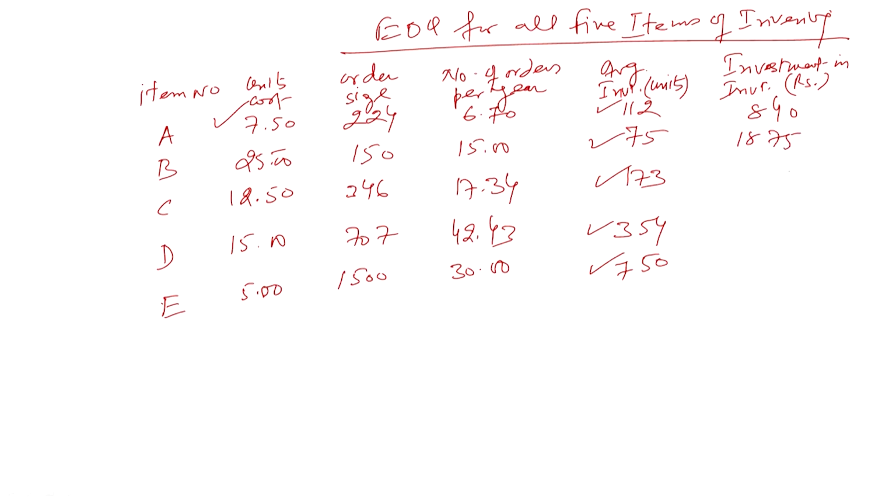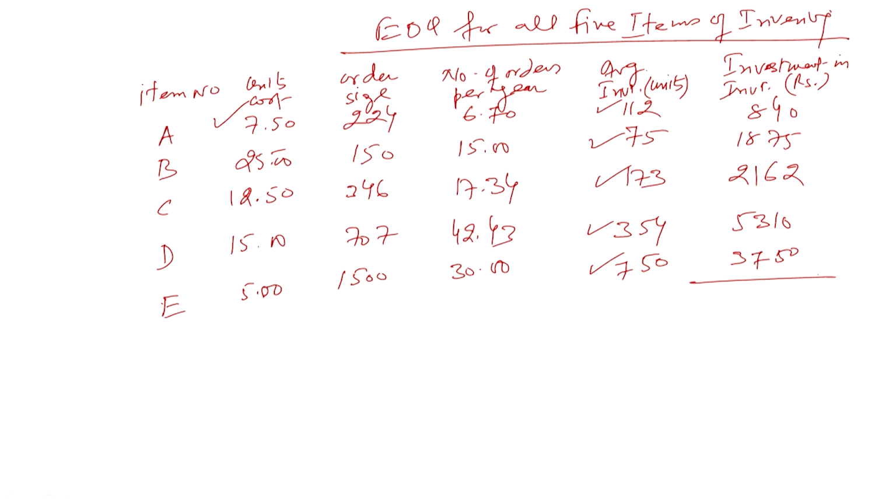1875 is invested in B, then 173 into 12.5 is 2162, and then the next part is 354 multiplied by 15, so it is 5310, and then it is 3750, right.